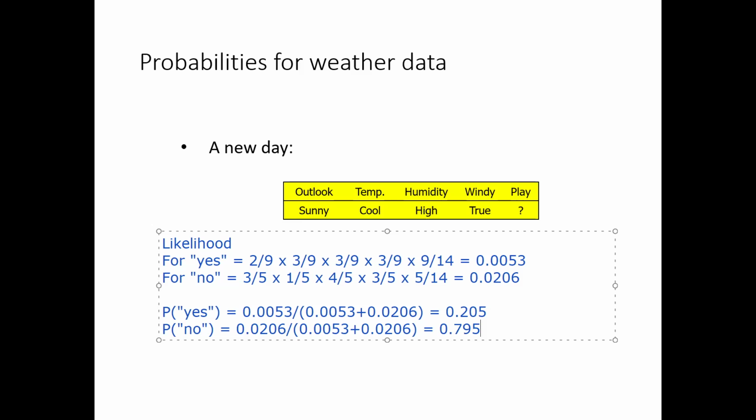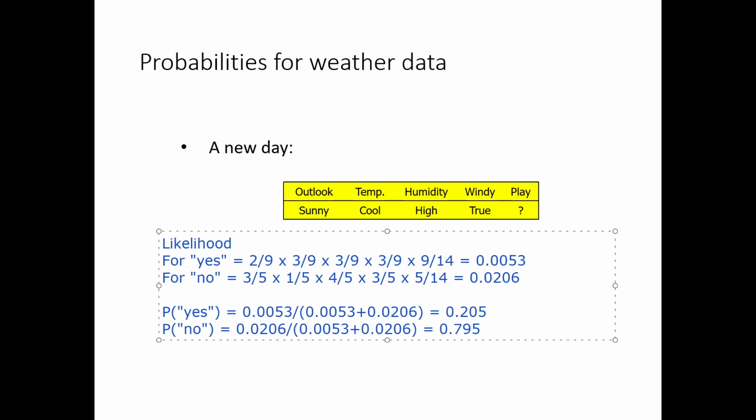But this is a probabilistic classifier, which means you can say 79.5% of the time it's no and 20.5% of the time it's yes, or roughly 80% of the time no and 20% of the time yes, which is how we talk about probabilities.